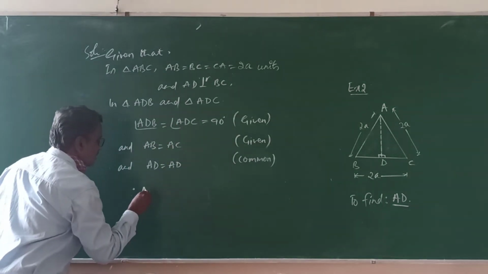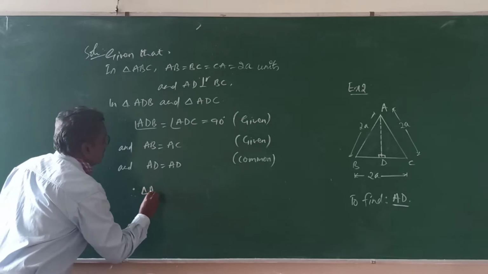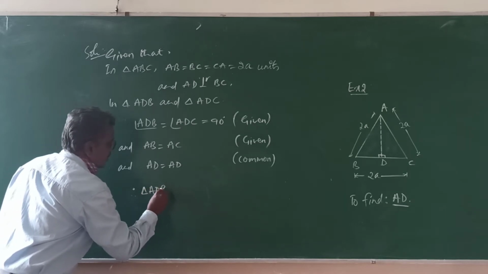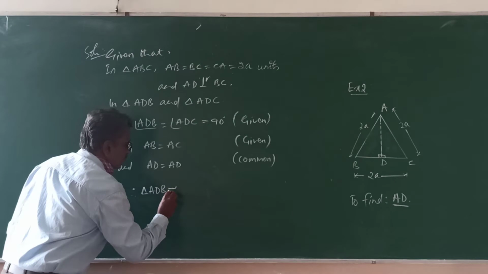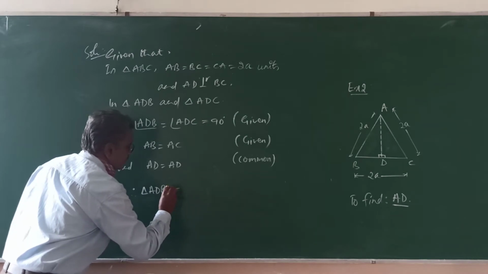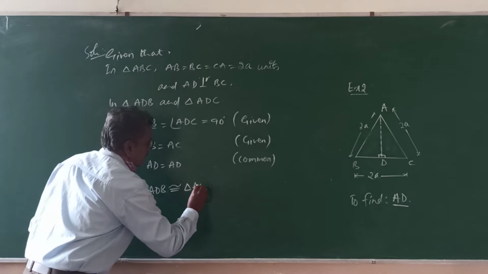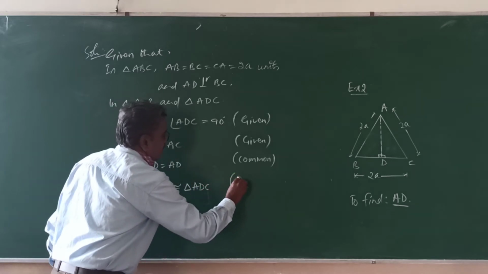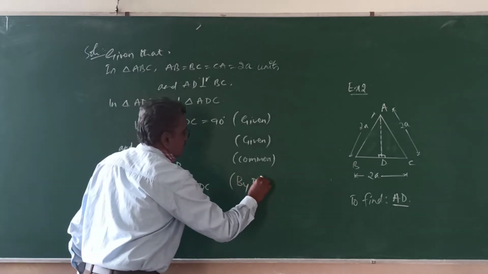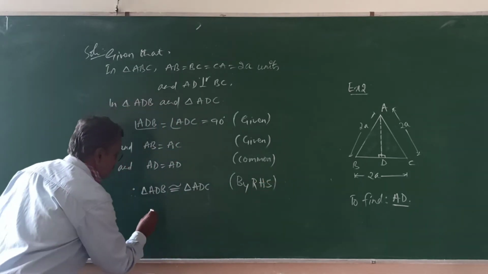Therefore, triangle ADB is congruent to triangle ADC by the RHS congruence property.